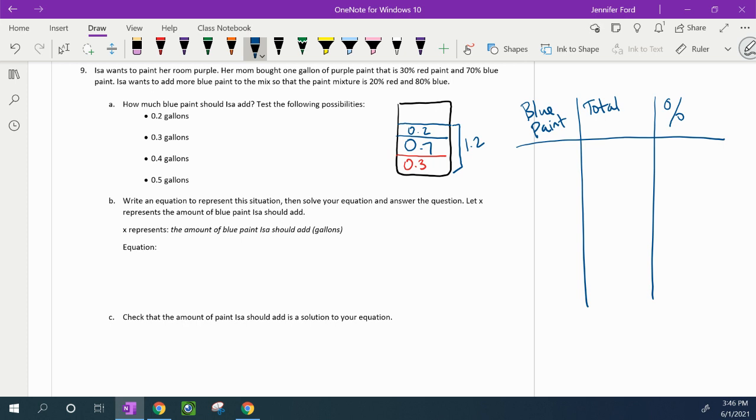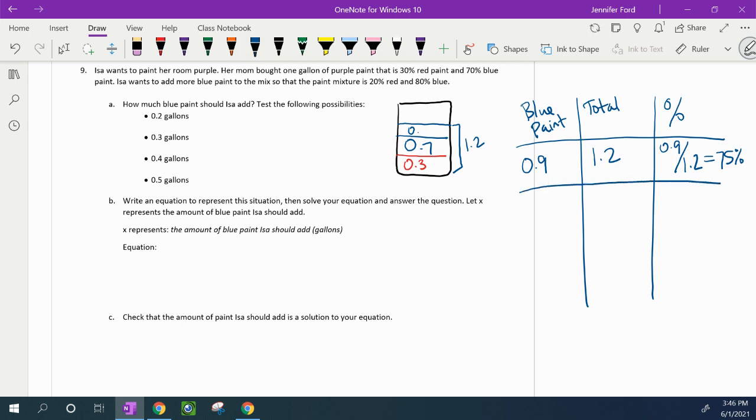So for my blue paint, for the first one, when I add 2/10 of a gallon, I now have 9/10 of a gallon of blue paint because 0.7 plus 0.2 is 0.9. My total is 1.2 gallons, so my percent is 0.9 divided by 1.2, which I believe is 75%. Okay, so there's that one.